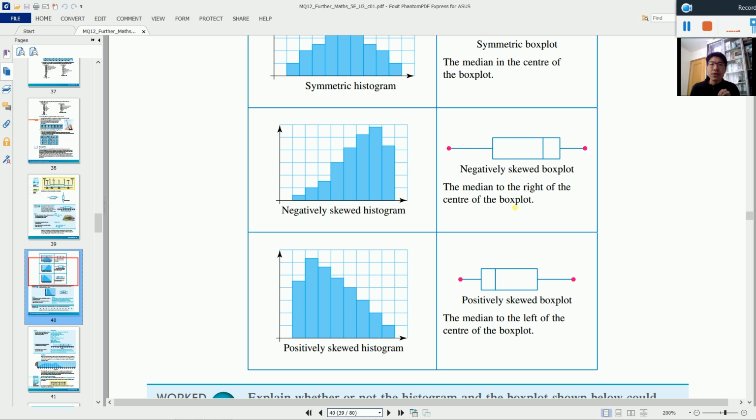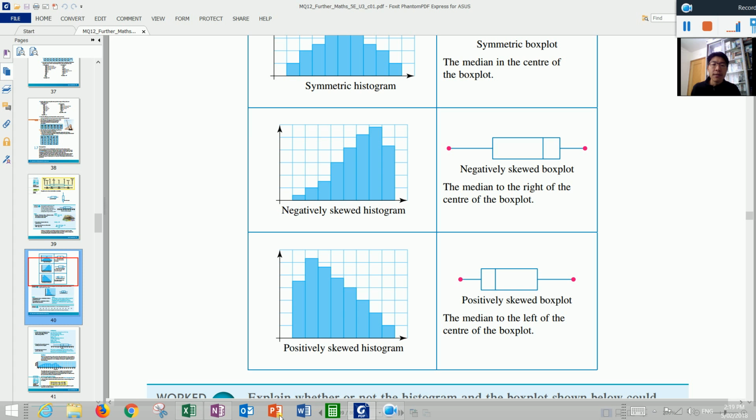Hopefully those symmetrical, negative skew and positive skew are in part 2 in your workbook. Please go through those questions and you should be able to master those shape descriptions. It's a matching game. You just match these terms to the graph, right?